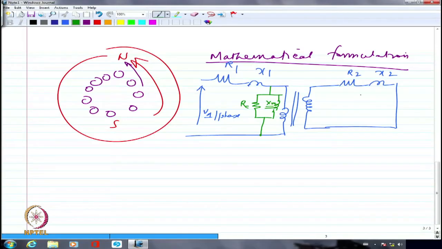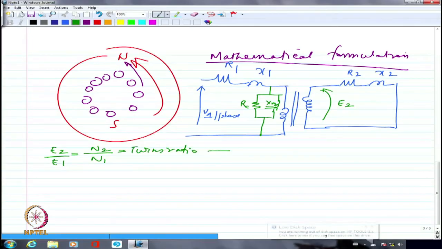Now I'm going to have this EMF, what is induced is E2, and E2 by E1 will be equal to N2 by N1, which is the turns ratio. But this is true under standstill condition. And all of you know the equation for E1 and E2 also clearly.